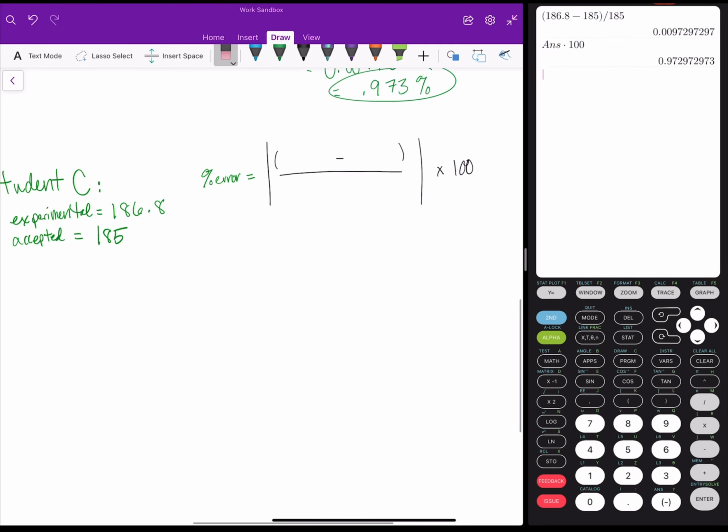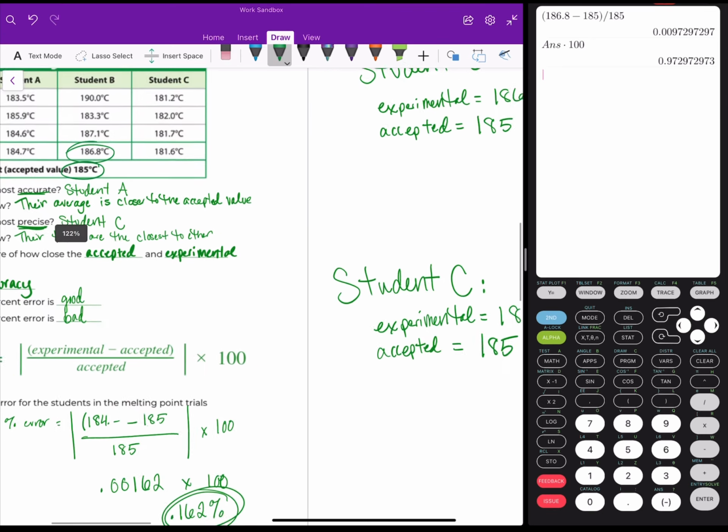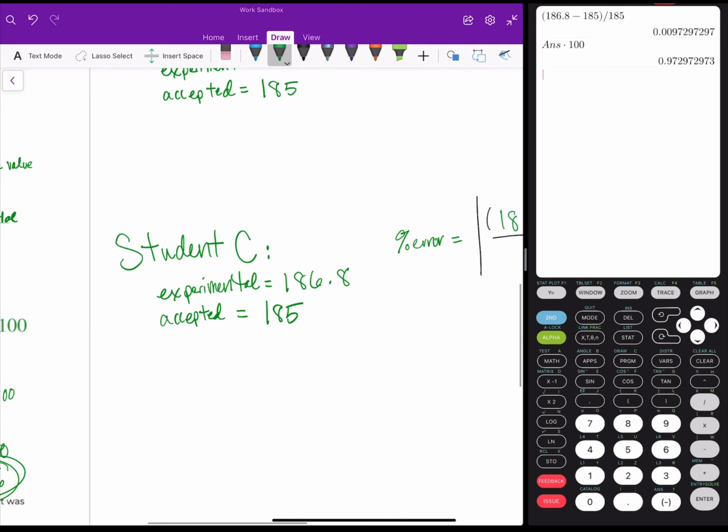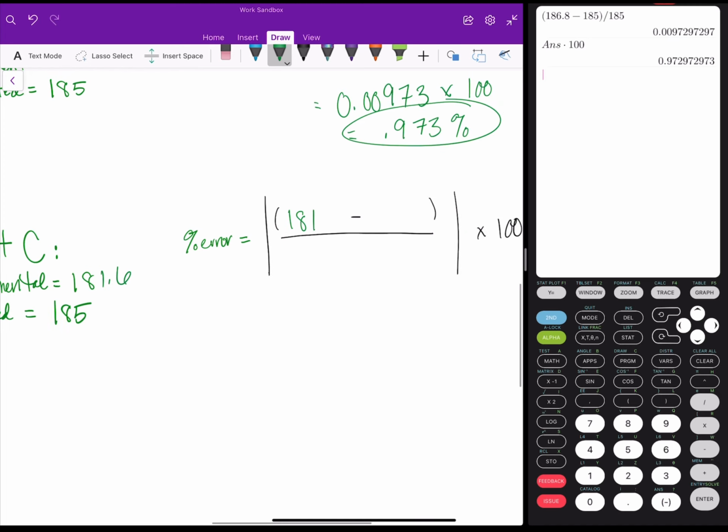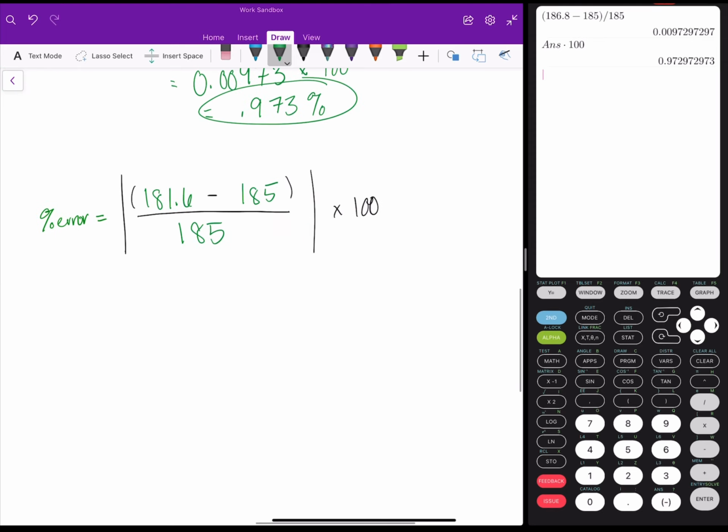Okay, let's look at student C. Student C, experimental, we got that from the chart, and it was 186.8. Well, hold on, that was the wrong value. Sorry, 181.6. 181.6, sorry about this. All right, 181.6 minus 185 divided by 185, and then we'll multiply that by 100.